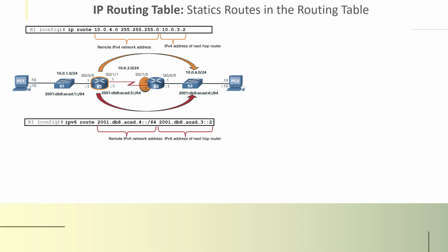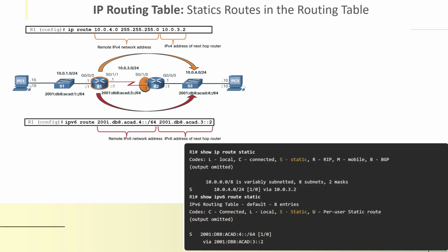We are not explaining the configuration commands because we will explain them in later topics, but here we will have an output that shows the IPv4 and IPv6 static route entries on router 1 that can reach the IPv4 and IPv6 networks on router 2.